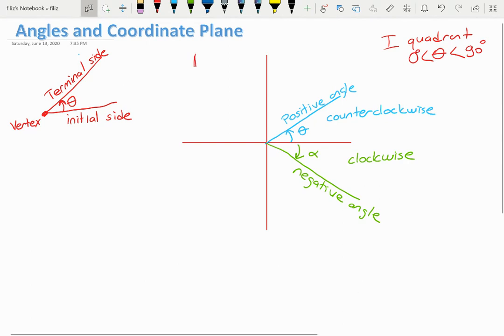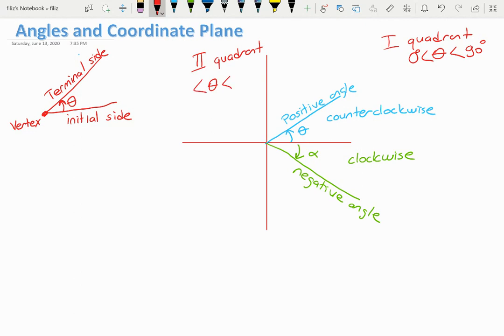And this is my second quadrant, between 90 degrees and 180 degrees.